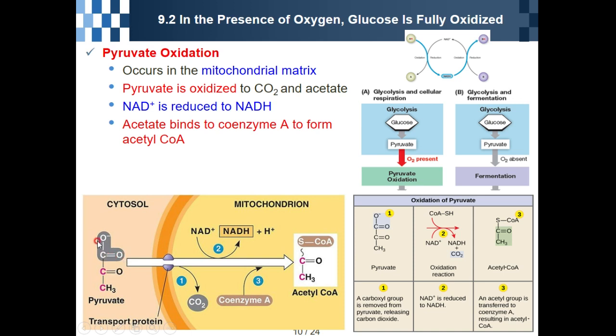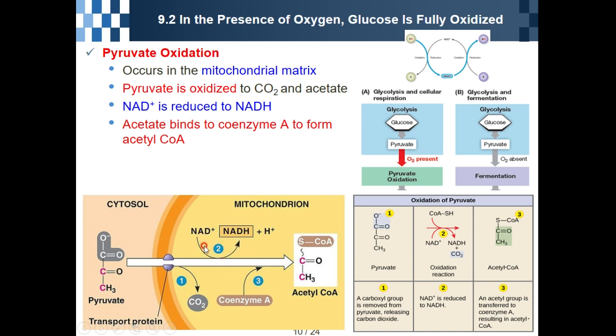First, this carboxyl group is changed to CO2, and this one will become the acetate. Pyruvate is oxidized to CO2 and acetate, and during that time NAD plus is reduced.